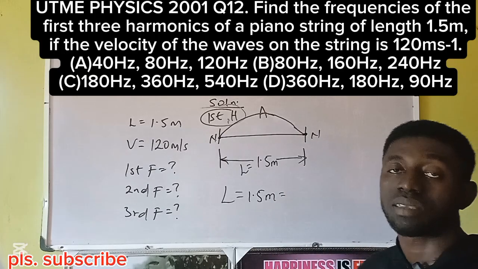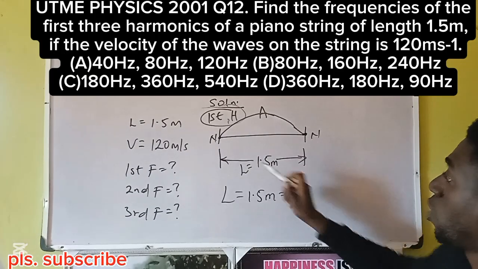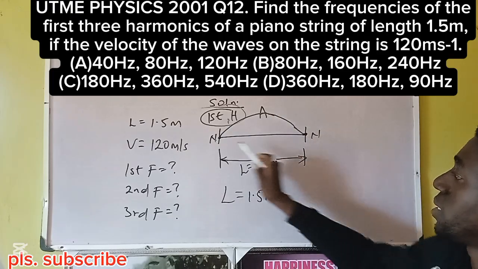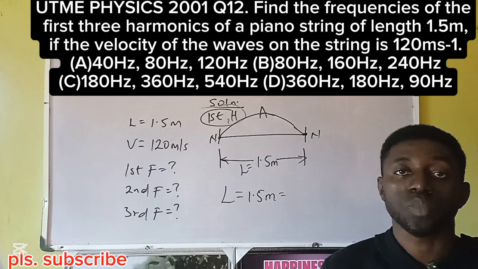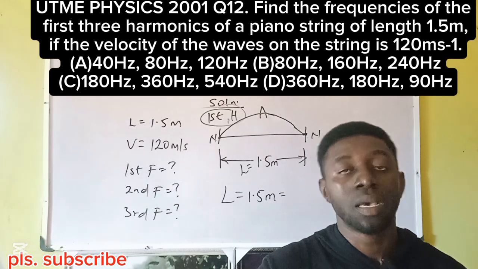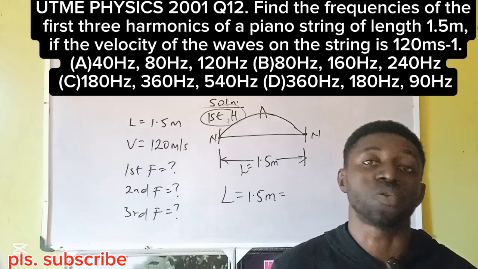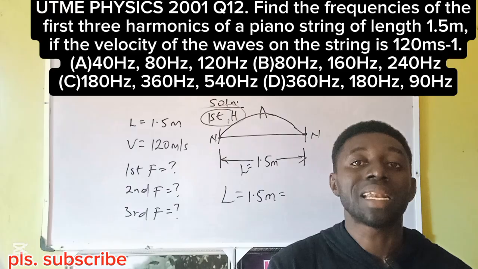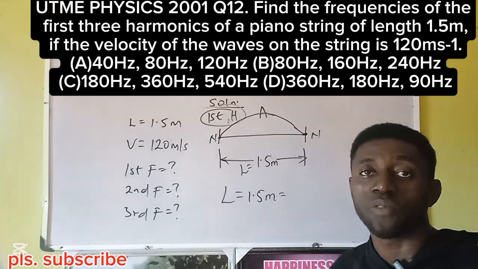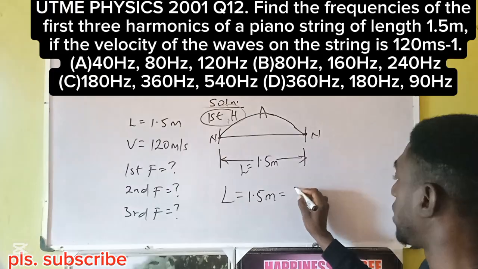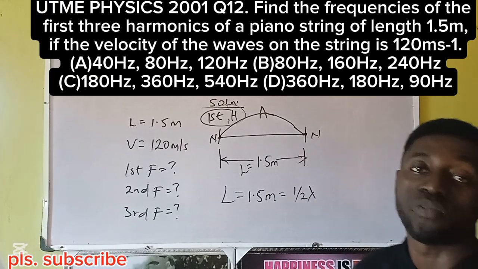Its equivalent in wavelength, recall, this is 90, total angle 180 degrees. Therefore, 180 is not a complete wavelength. A complete wavelength is 360 degrees. Therefore, 180 is half a wavelength. In the first harmonic, a piano string will give us half a wavelength. The length is half a wavelength.